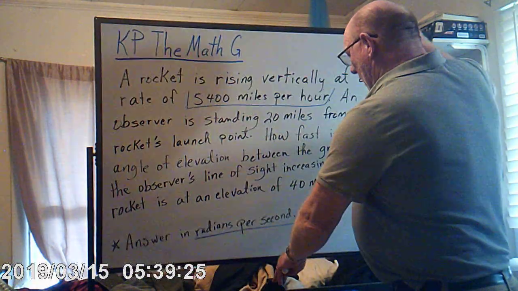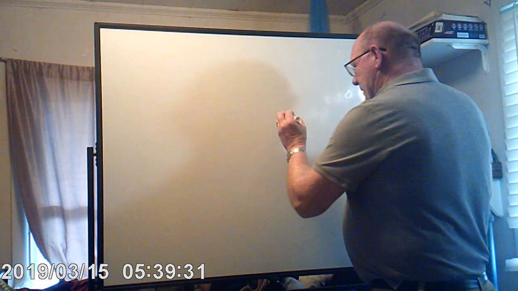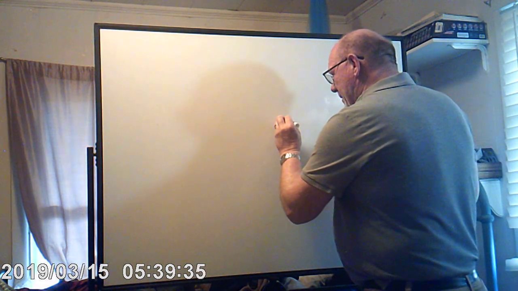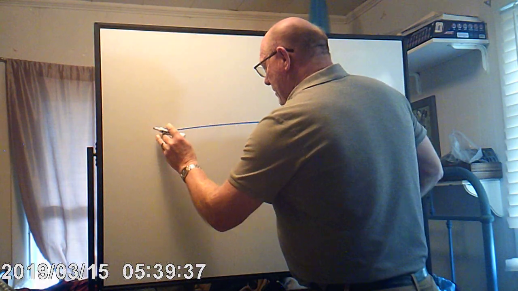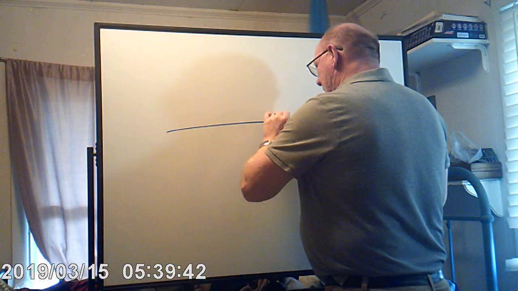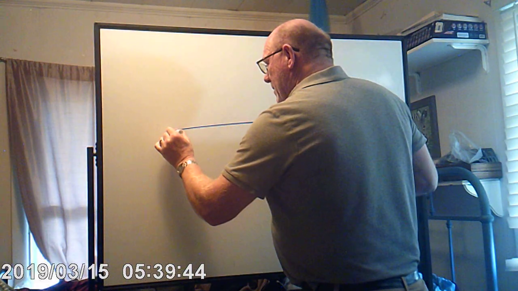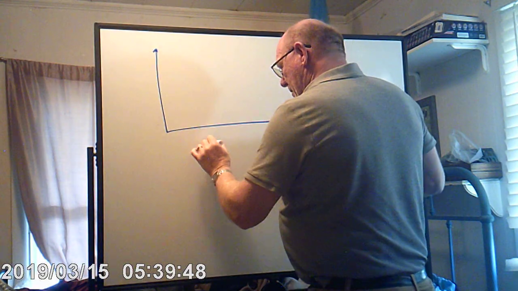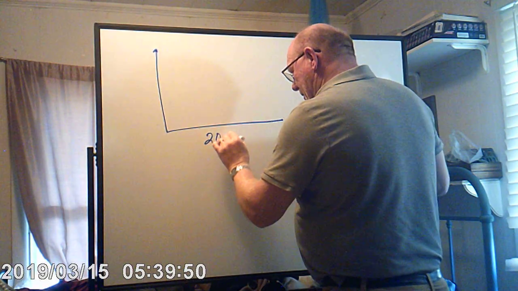Okay, I think I got a picture of it written down. So here's the general picture. Here is an observer right here, standing here, and this line of sight is changing. This rocket has launched. This person is 20 miles away.